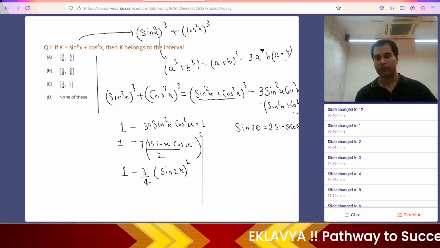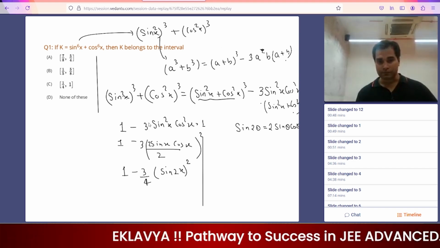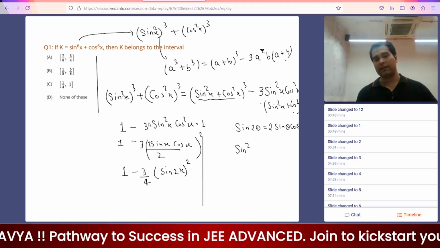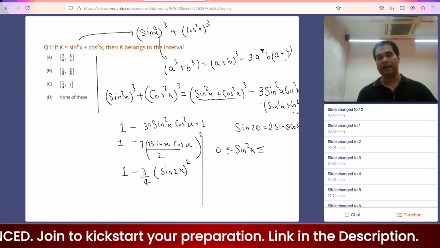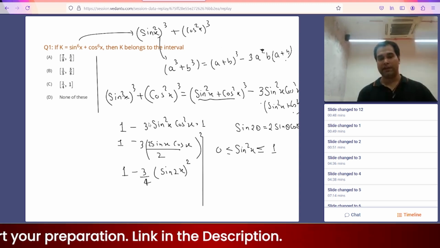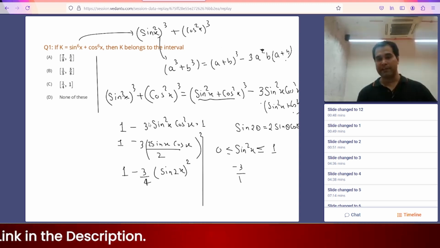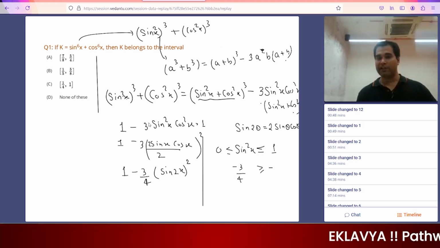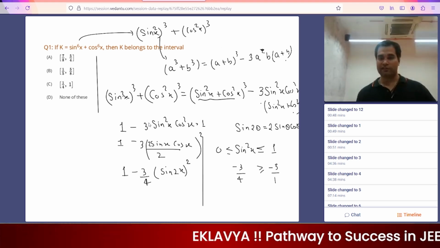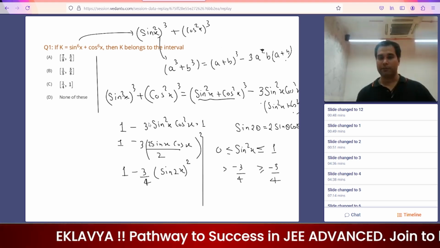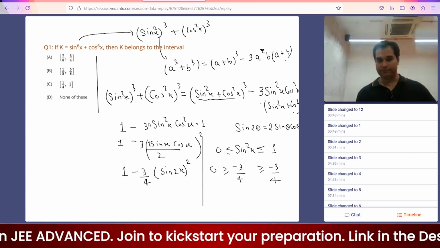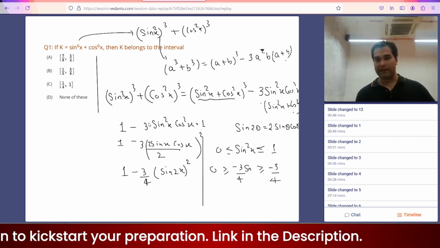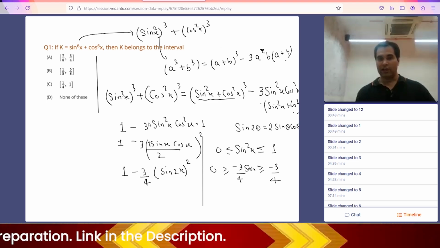Now, as we know that sin square x is always greater than or equal to 0 and less than or equal to 1. Here minus 3 by 4 is multiplied, so the inequality will change. Means 1 multiplied by minus 3 by 4 is minus 3 by 4, and here 0, again written as sin 2x.